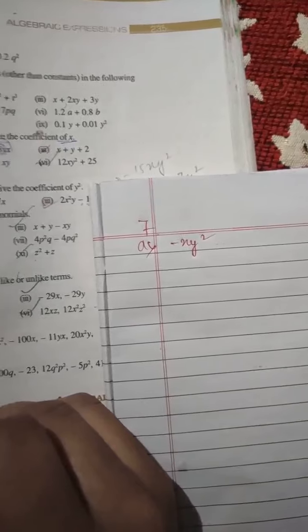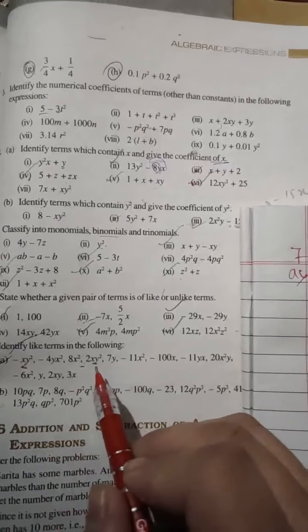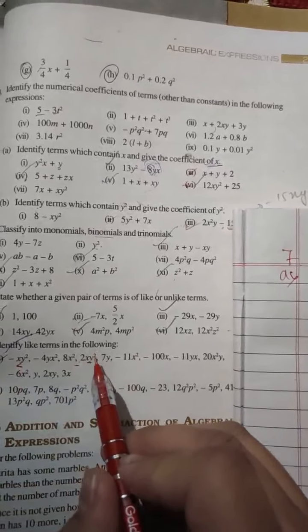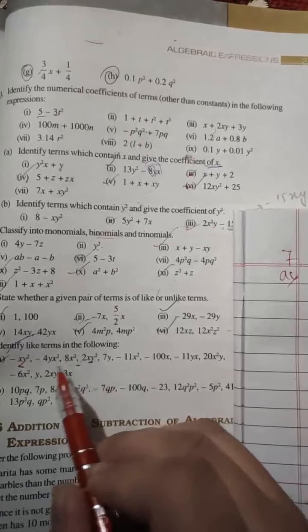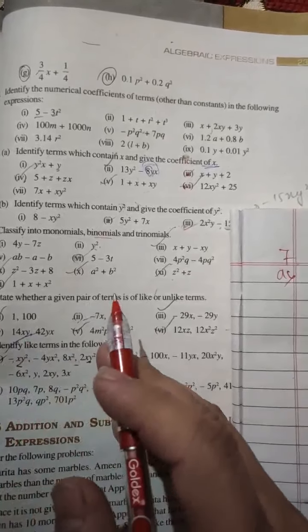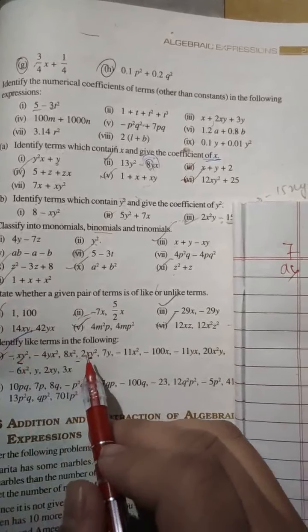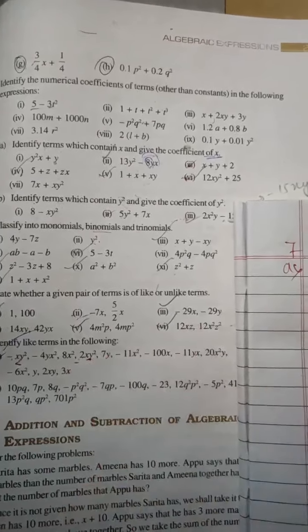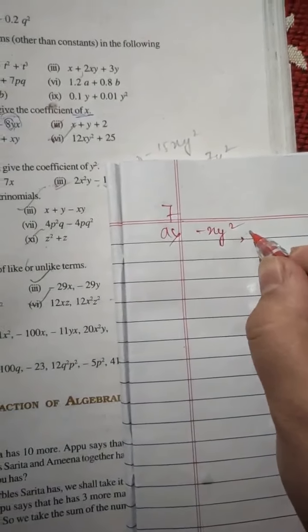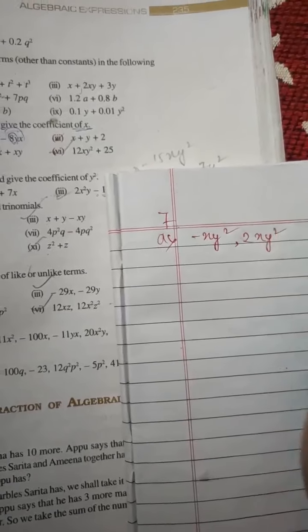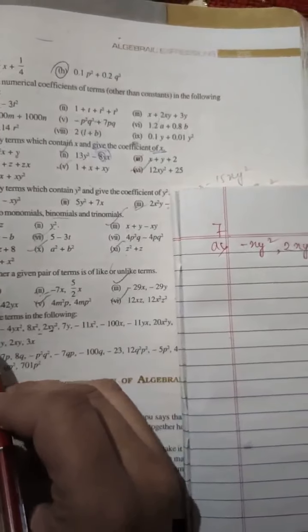You can see the variable here: xy square and this 2xy square are similar. Don't worry about the minus. I have said that your coefficient may be different, but your variable should match. So xy square here, xy square here. You can write 2xy square.